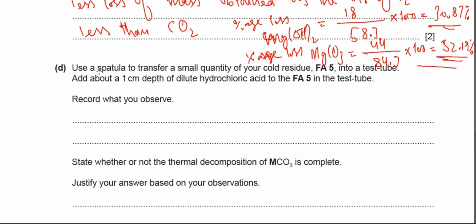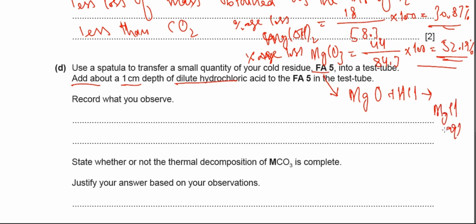Next, use a spatula to transfer a small quantity of your cold residue, which was FA5, now metal oxide. In this specific case, this FA5 changes into magnesium oxide. Add about 1 cm depth of dilute hydrochloric acid. What happened? Magnesium oxide and HCl react and give us magnesium chloride, which completely dissolves, giving an aqueous solution plus water.